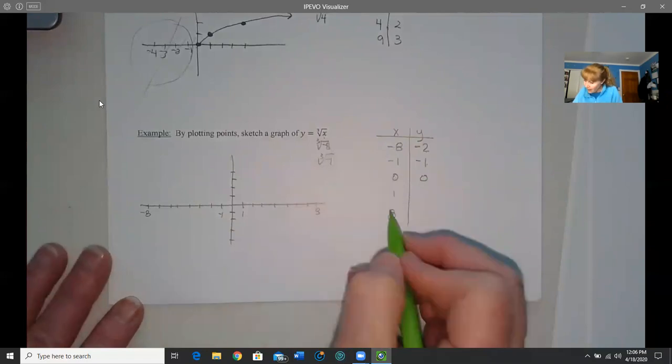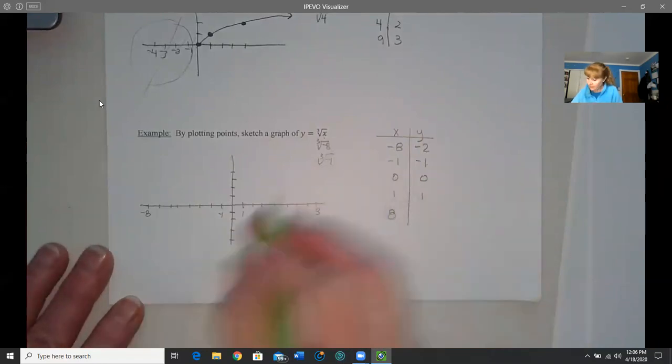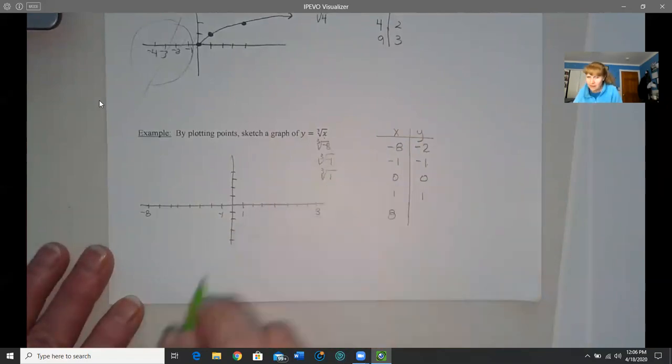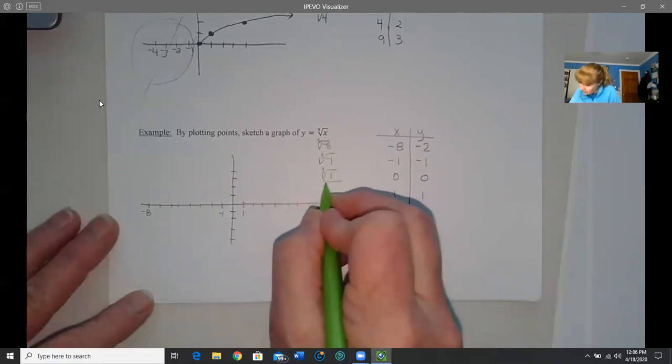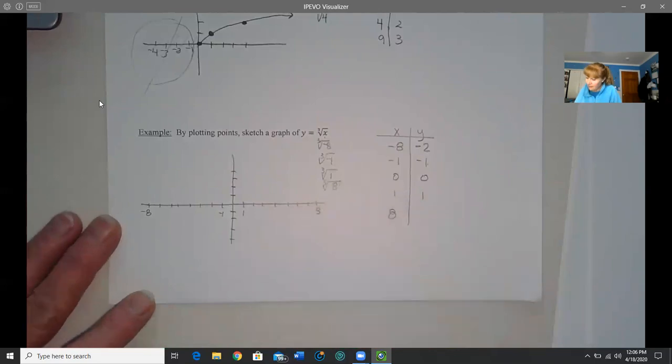What happens if I have a positive 1? Well, the cube root of a positive 1 is +1, because 1 times 1 times 1 is 1. You've got 3 of them multiplied together. The cube root of +8 is just +2, 3 2s.